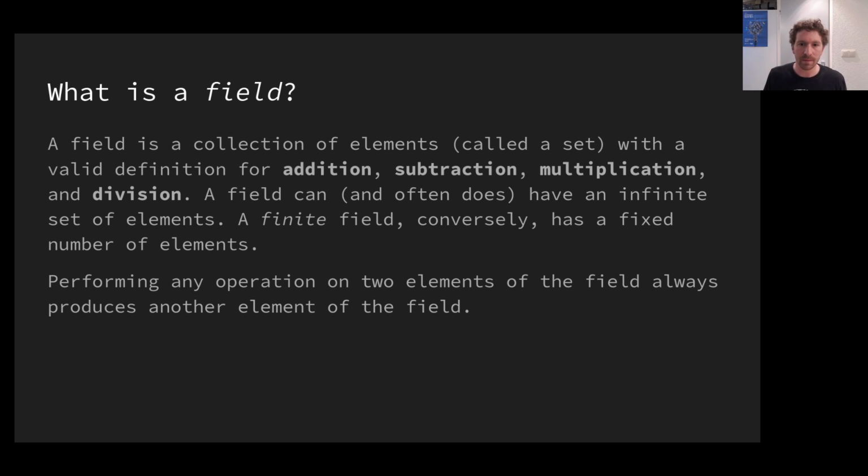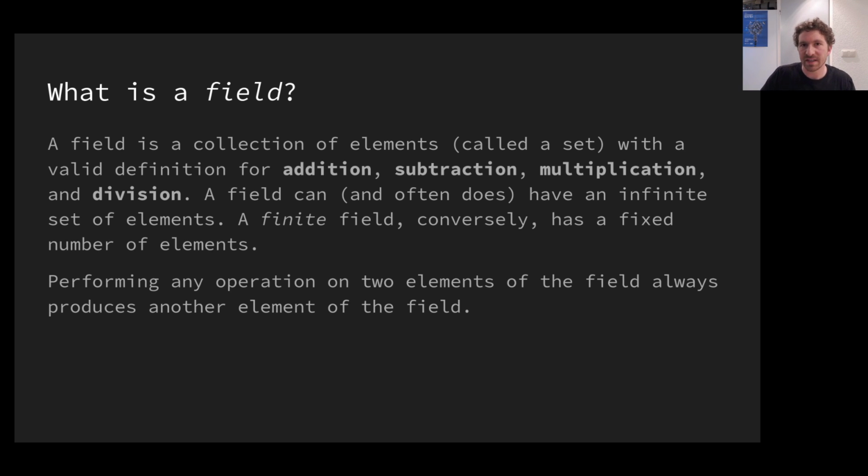So that's a field in general, and then a finite field is a field where the set of elements that you have is finite, right? There are only a fixed number of elements inside this set, because you can have fields that are infinite, right? You can have a field of just numbers, and numbers are infinite, so you could just go on and on with the numbers.